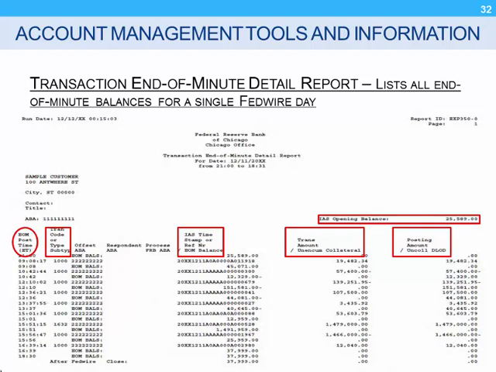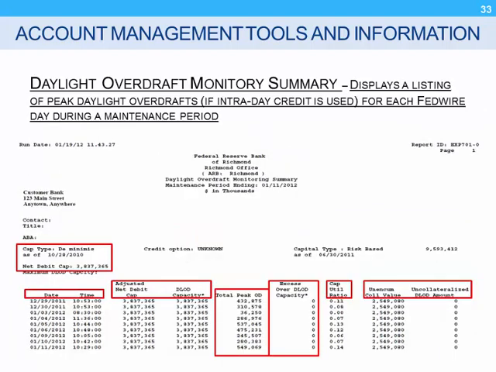So this report contains all the transactions that posted to your Fed account during the Fedwire day, at what time the transactions posted, any of the previously mentioned information that's applicable, and how the transaction impacted your balances.